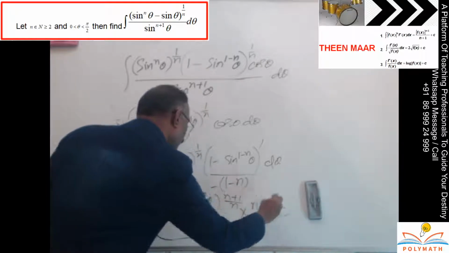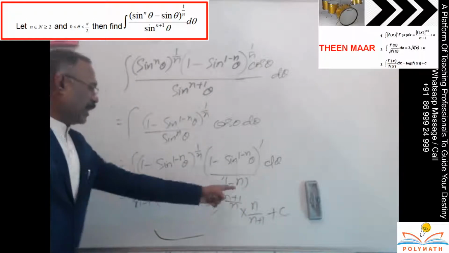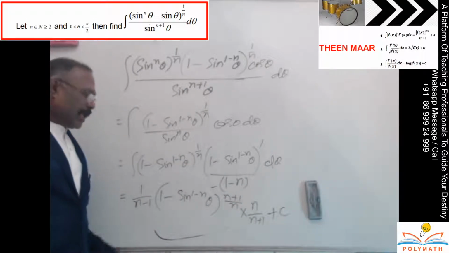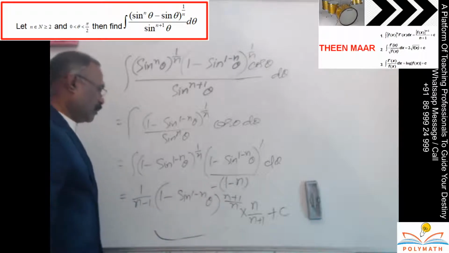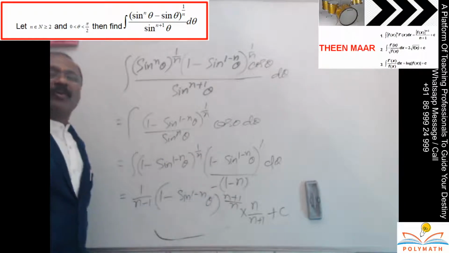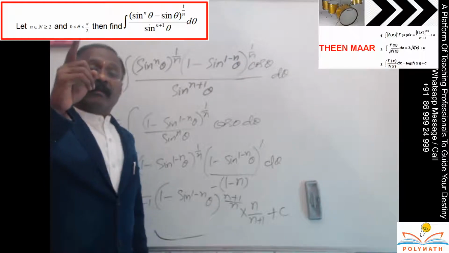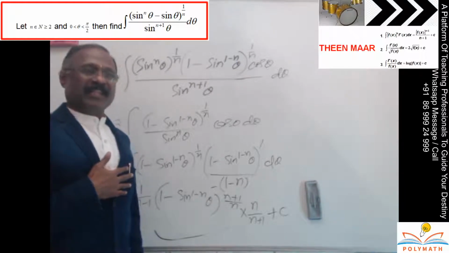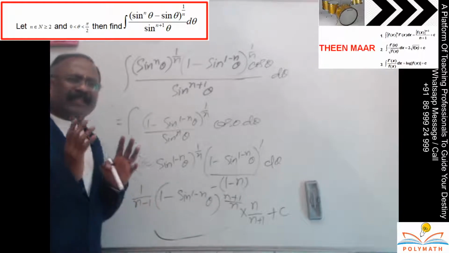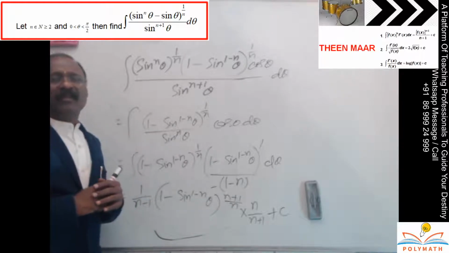Yes, you see that. This becomes n by n square minus 1, into this one. So it is using type 1, please, integral of f(x) power n into f dash x. Only thing is that adjustment you have to understand.